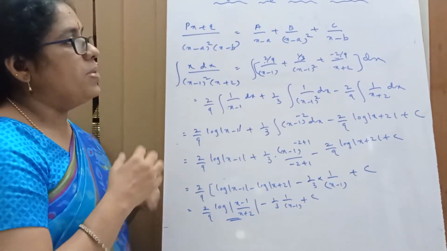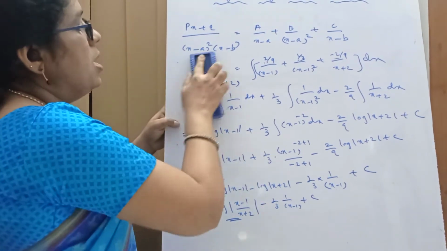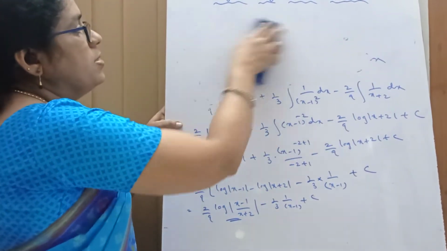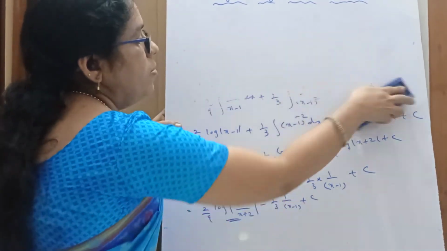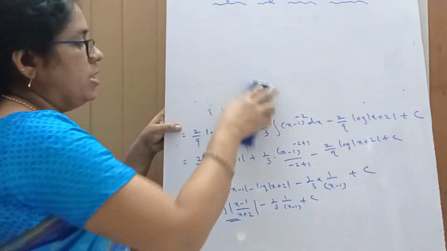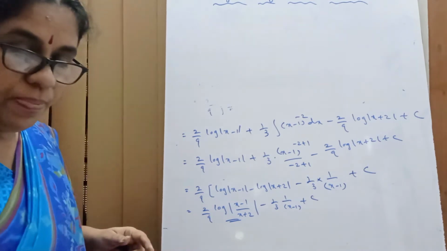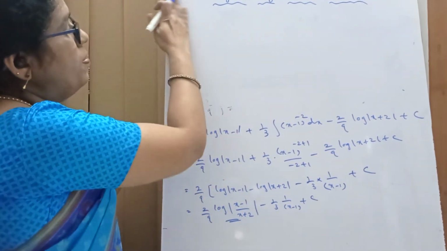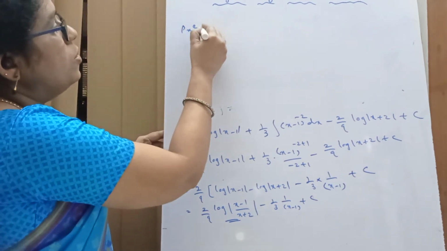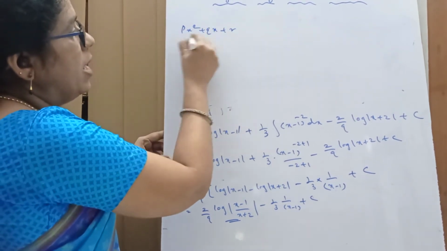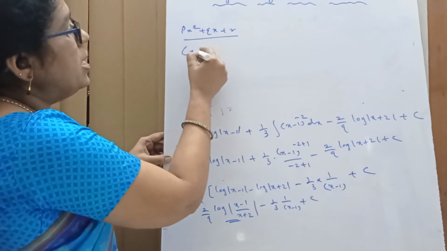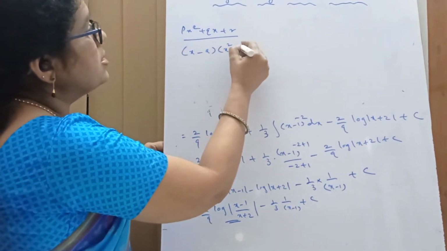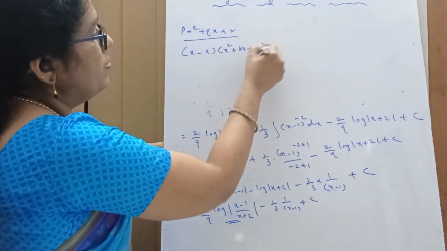Okay, then the last form of partial fraction. That is, if the rational function is of the form px squared plus qx plus r divided by x minus a into x squared plus bx plus c.